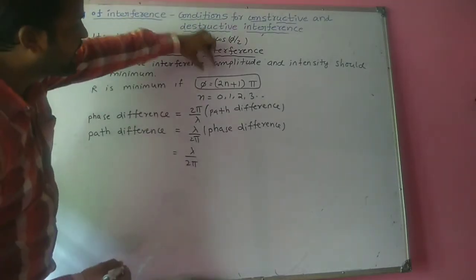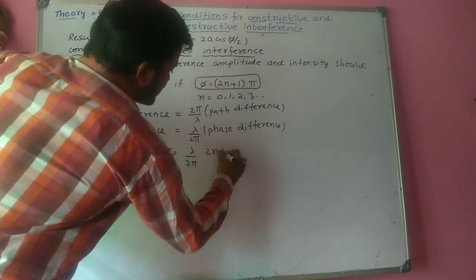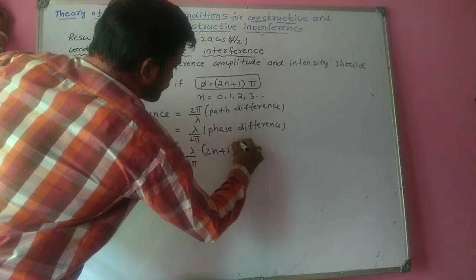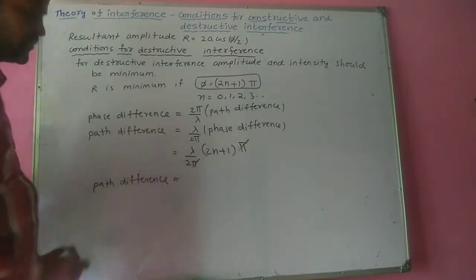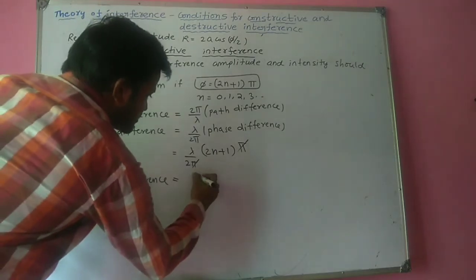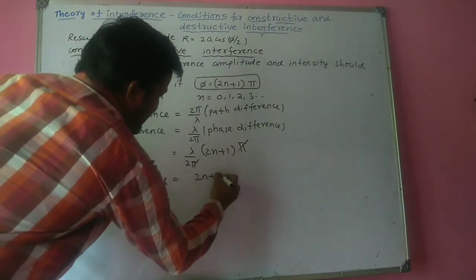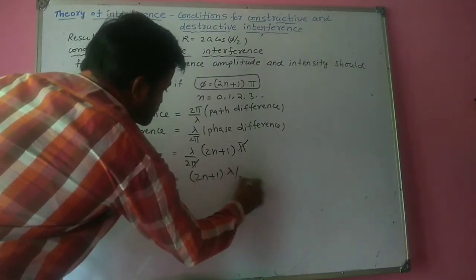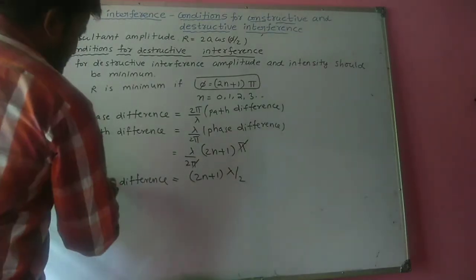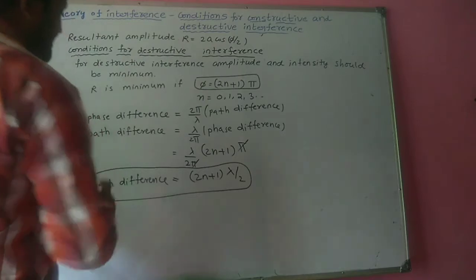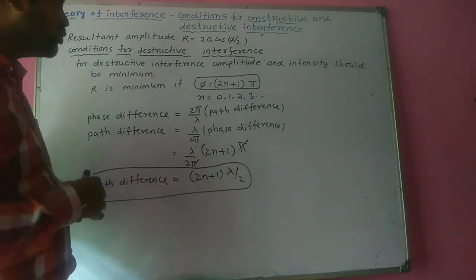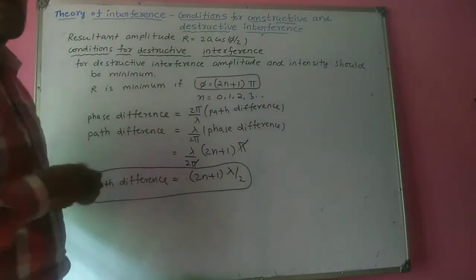Already we have defined the phase difference as 2n plus 1 into pi. Now here pi cancels. The path difference becomes 2n plus 1 into lambda by 2. So the condition for destructive interference is: path difference is 2n plus 1 into lambda by 2 and phase difference is 2n plus 1 into pi.